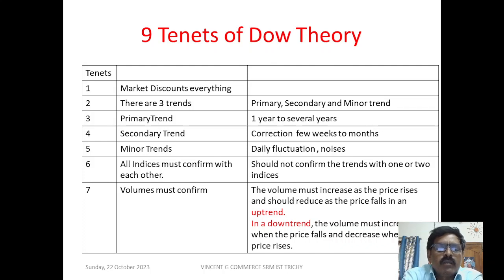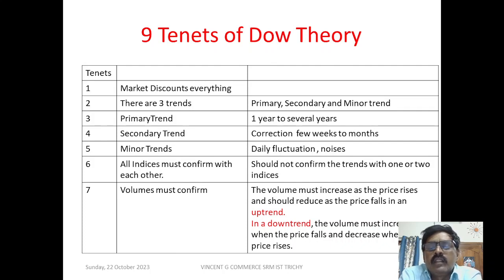The first one is market discounts everything. As I said earlier, the market is very sensitive. The market is very reactive to events, even if it is a small event. And normally there is a saying that 20% of share trading is logical, whereas 80% will be psychological.